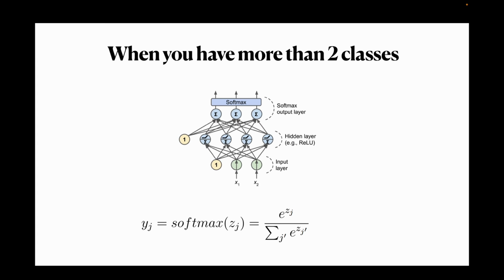So the next thing we want to discuss is how we can use this architecture if we have more than one output. For example, let's say based on the weight, height, and how much an animal can jump, we want to predict whether the animal is a deer, a cat, or a dog, or many other categories.